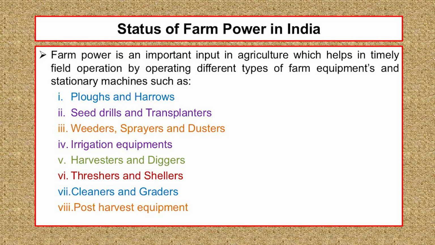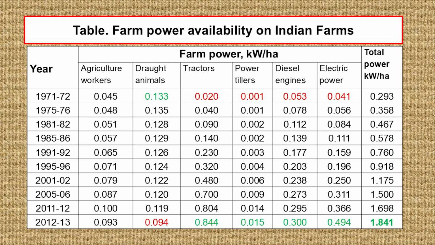The energy may be mechanical, electrical, even human. In post-harvest equipment, where one produce is converted into various other products, and in packaging, labeling and handling them, in all these stages farm power is essentially required.